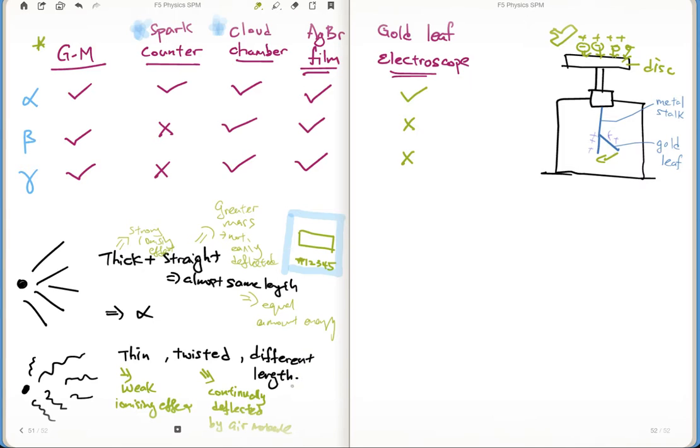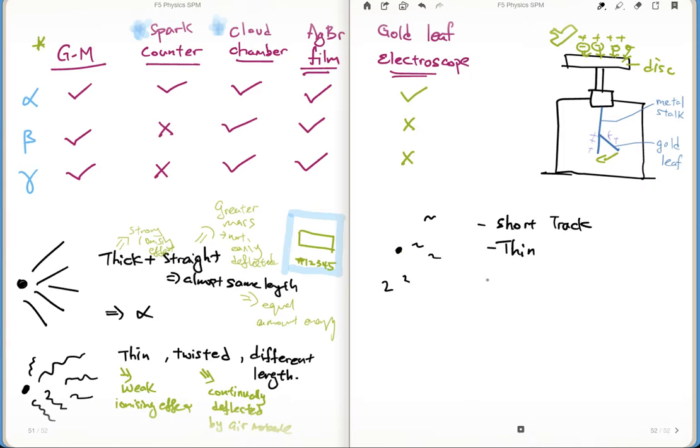Okay, for gamma ray, you can actually guess it. Gamma ray, you hardly see any. You have a short track, and the track is really thin. It's scattered around.